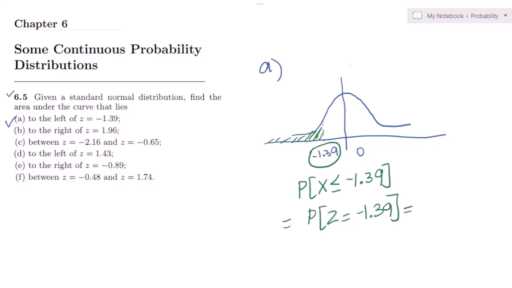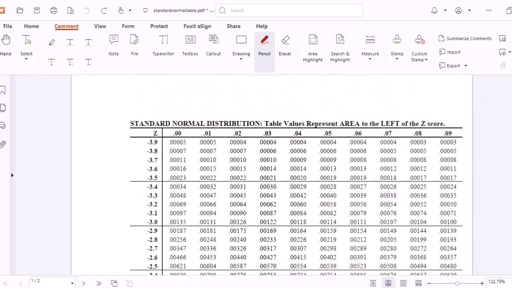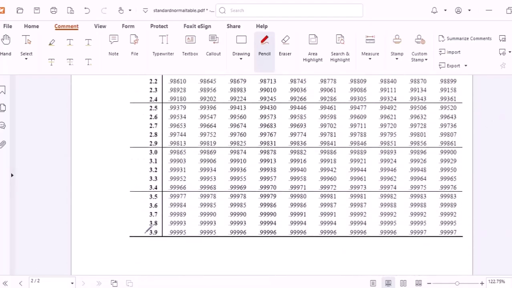For it we have to use the z distribution table. So let me move to the z table. Here we can see all the values of z, which range from minus 3.9 to 3.9.